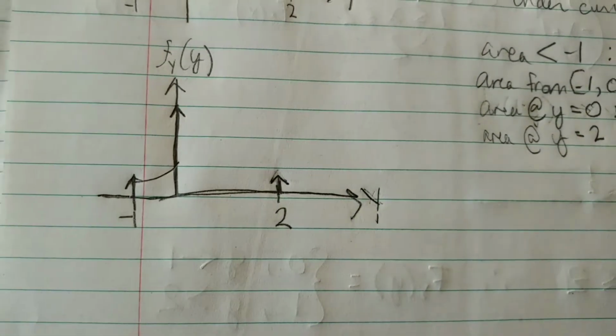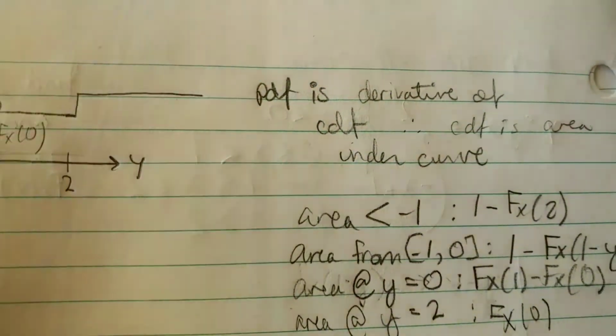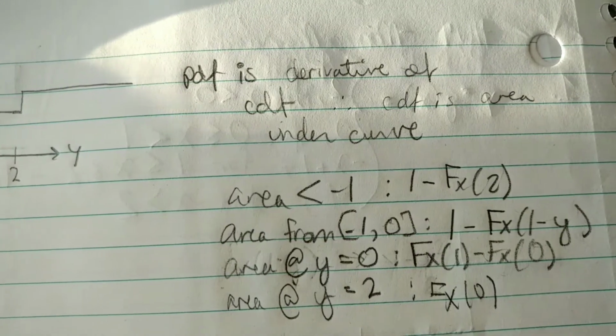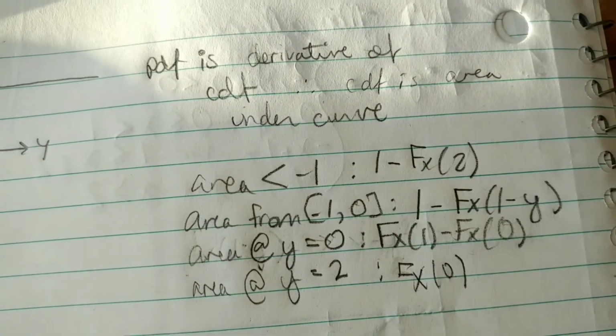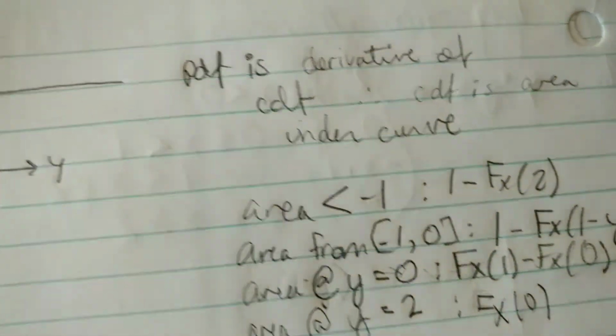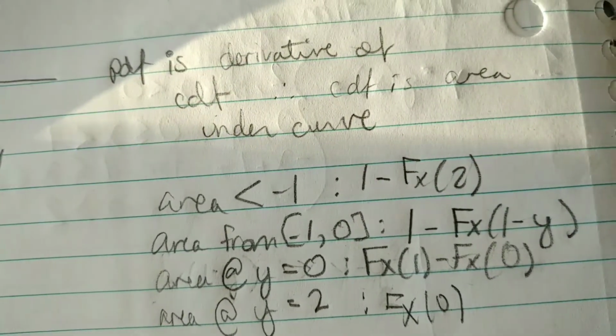for the density function, basically the density function is the derivative of the distribution function. So that means that the cumulative distribution function is the area under the curve. So the area when y is less than negative 1 is 1 minus Fx of 2.